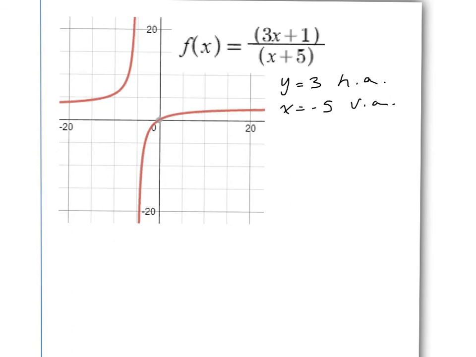We have zeros, x-intercepts, at 3x plus 1 equals 0. So x equals -1/3 is going to be an intercept, okay?